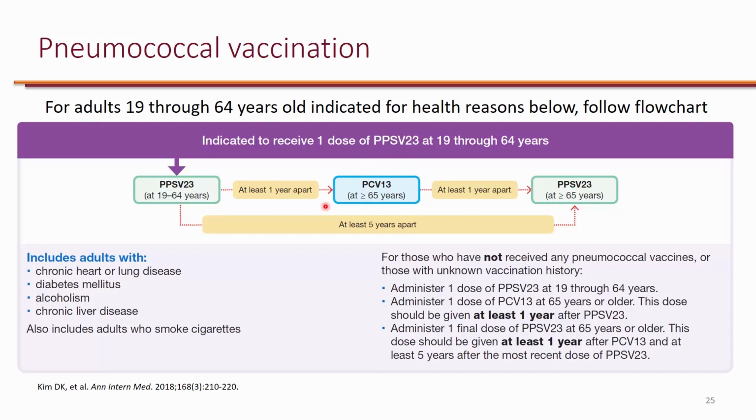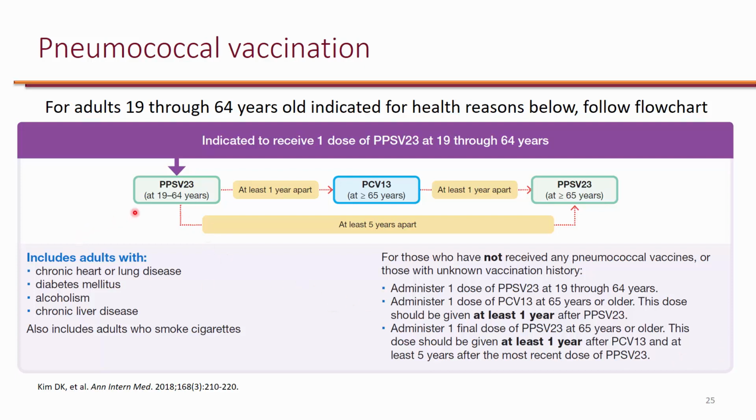However, the question is before somebody turns 65, so ages 19 through 64, who exactly needs to get vaccination. For PPSV23, chronic liver disease is actually an indication. So if someone has cirrhosis and they are not 65 yet, they should get a dose of PPSV23.